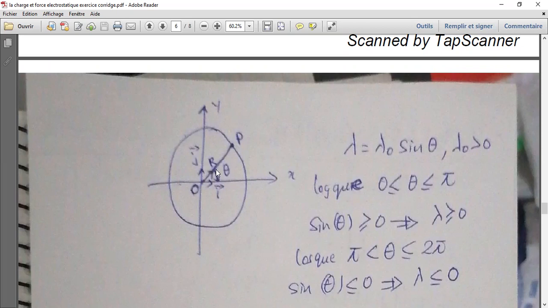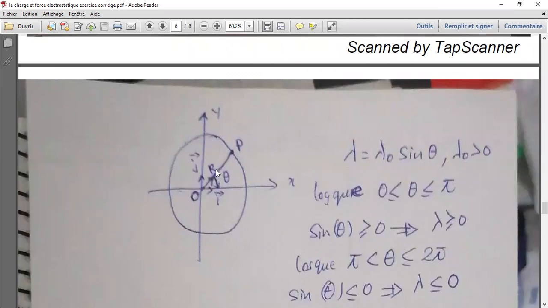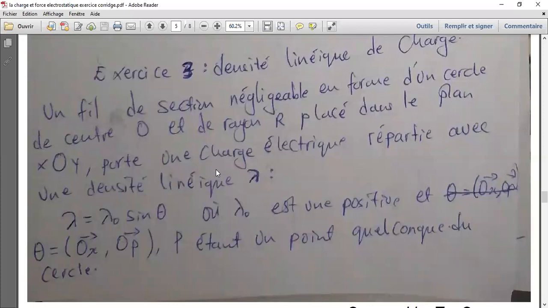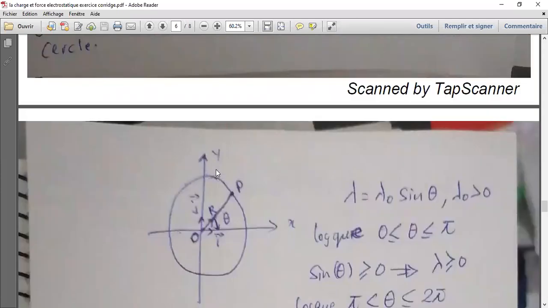Sometimes they give you the drawing, but there are times where they just give you information and you have to imagine the drawing. Here, when you talk about the string, they'll say it's in the form of a circle, which I've already explained, with a center O and the radius R, and an angle between OX and OP. The point P, I can represent anywhere.